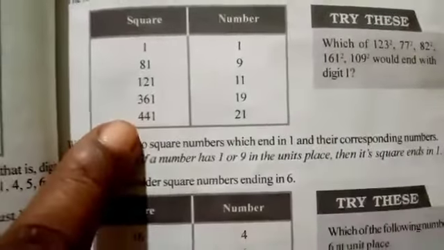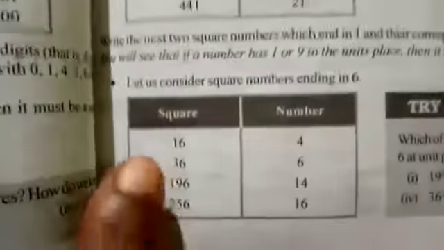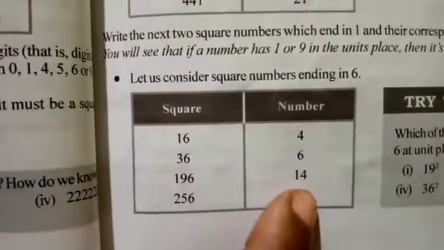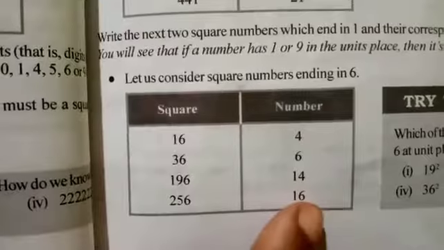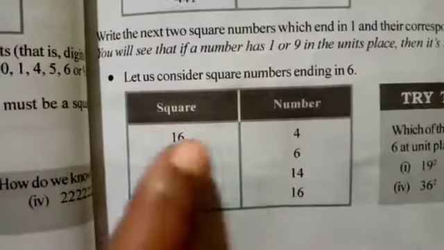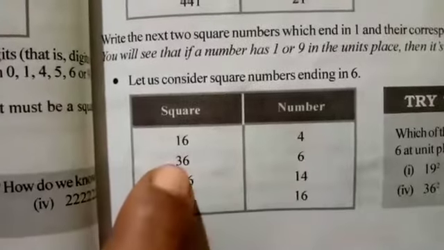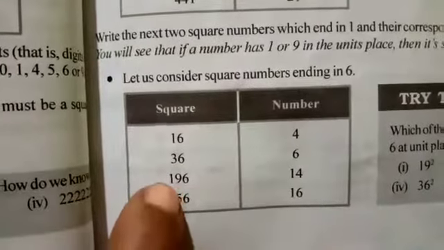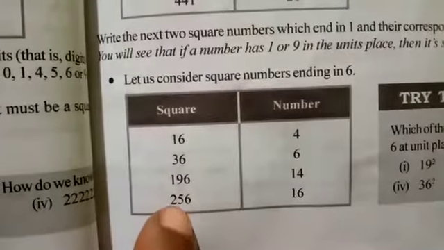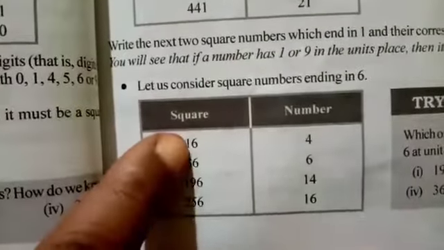Same like that, we can observe still more: if the numbers end with 4 and 6, like 4, 6, 14, 16, then 4 square is 16, 6 square is 36, 14 square is 196, 16 square is 256, like this, all ending with 6.